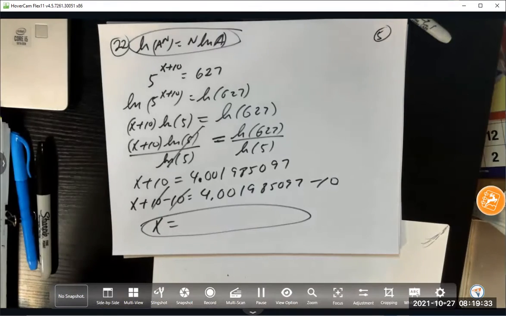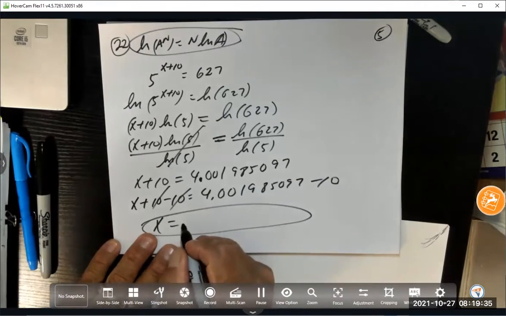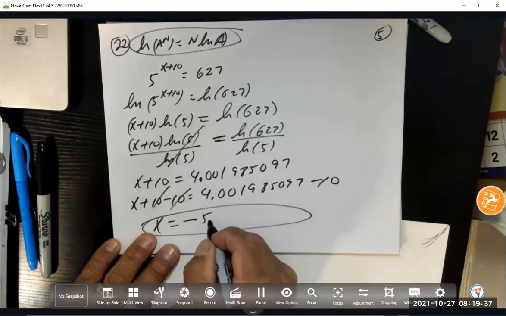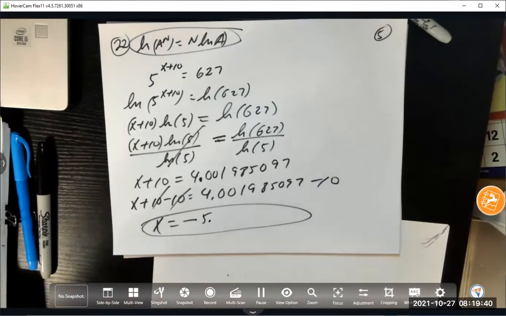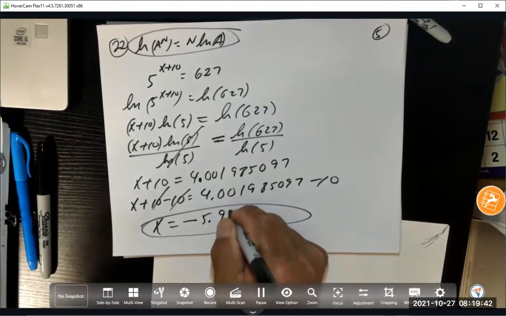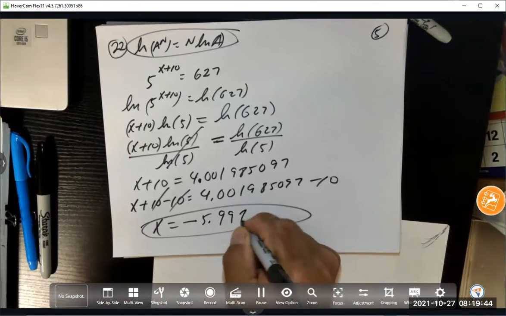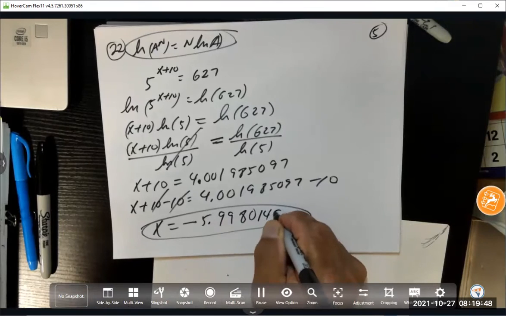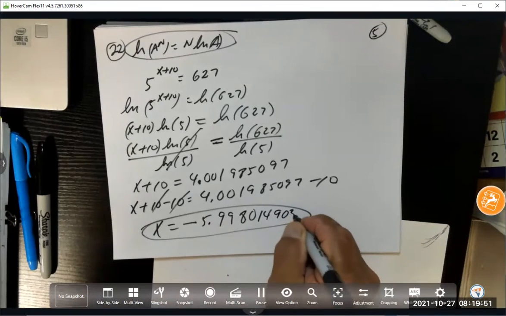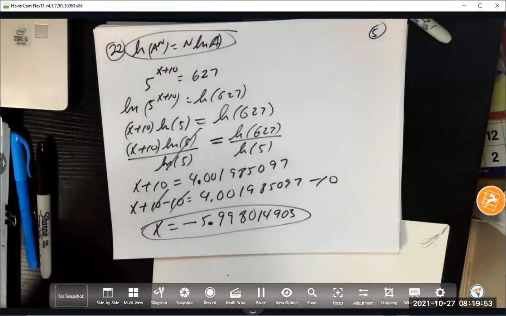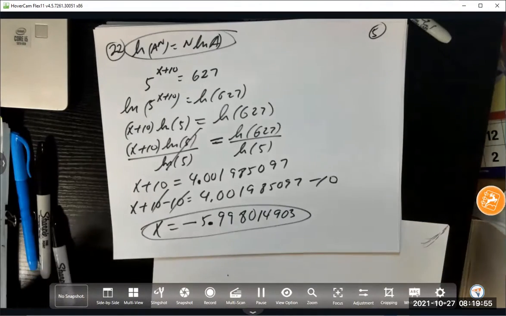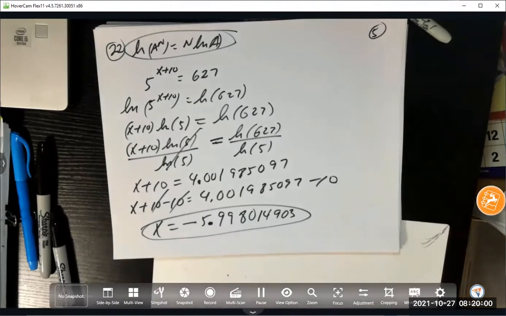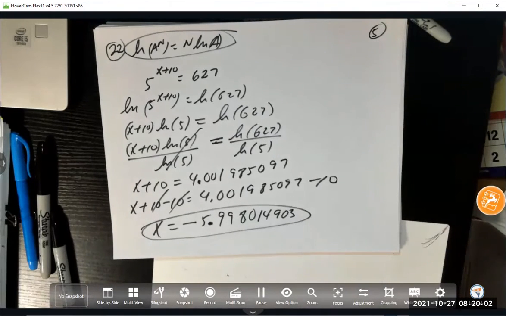Okay, it is negative 5.99801490. 903. Okay, there it is, in decimals right there. All right, is that all right there for the answer? Yes. I think it looks good to me.